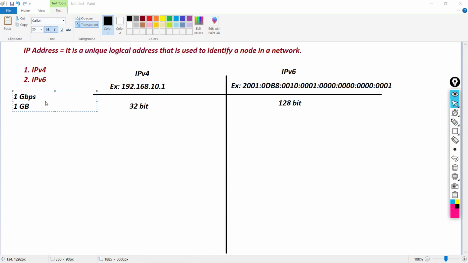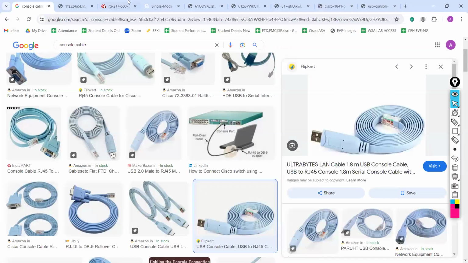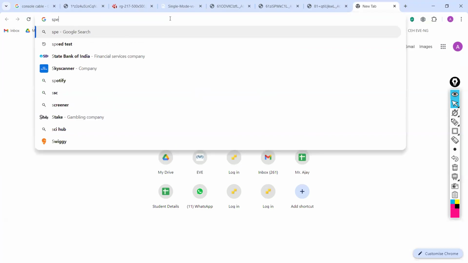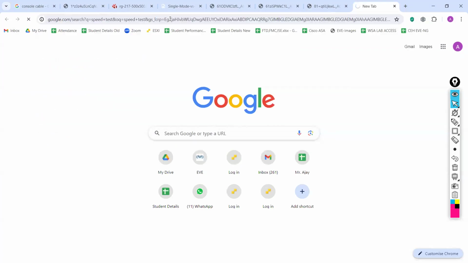You check with it. Right now, let's say practical, I can show you. When I go here and say speed test, see, even the speed test will play us.